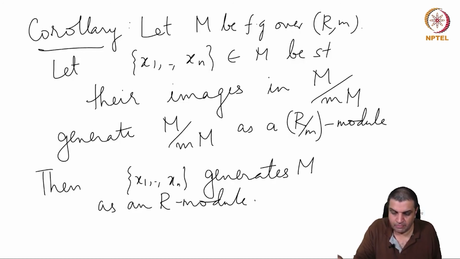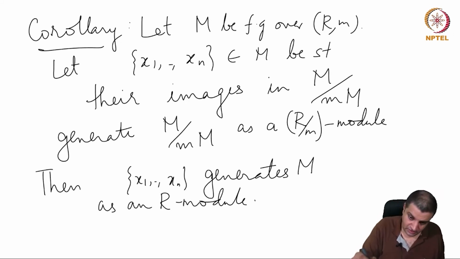So this is a field. And since M is finitely generated, the quotient is also finitely generated over the quotient ring. So this is a finite dimensional vector space. And we're just saying pick elements in M whose images form a spanning set. Then those elements generate M as an R module.